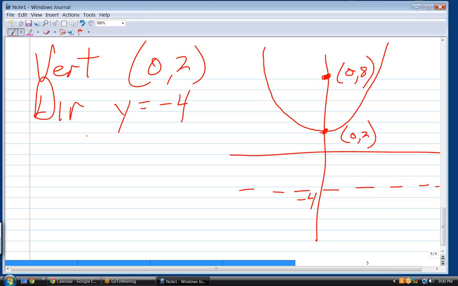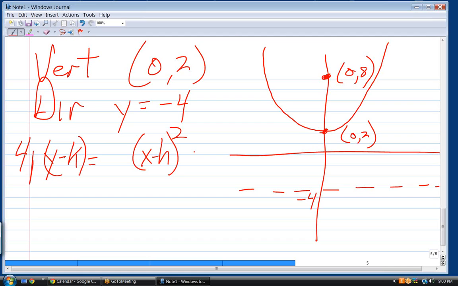Now, the general format of a parabola before you got to conic sections was this. Right? Remember that one? Well, they change it. They put the K on the other side. And they put a 4P in front of there instead of an A over there.